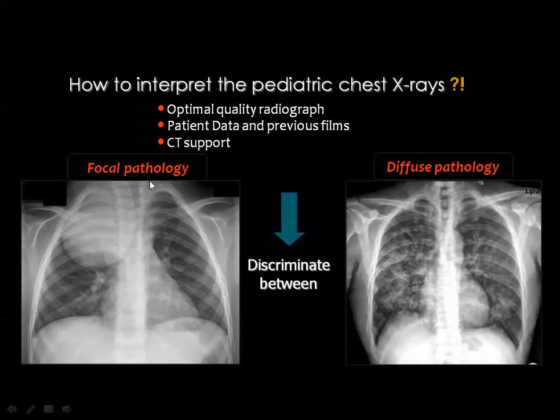And this is an example of a focal lung pathology where you see a mass or a nodule, 2 or 3 in the lung, and the rest of the lung is free. While in cases of diffuse pathology, you can see that there is a diffuse process, diffuse lesion affecting both lung fields. And it is an easy task to differentiate between focal and diffuse lung disease from the plain X-ray.